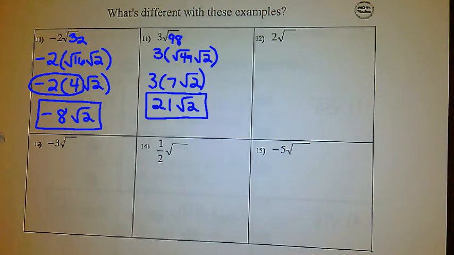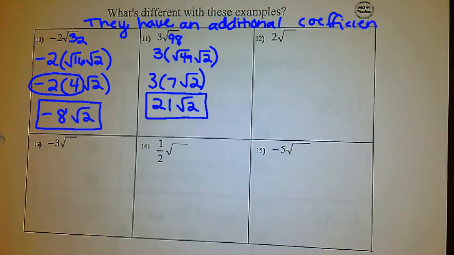Okay, so the difference about these examples is they have an additional coefficient. So you have to multiply those after.